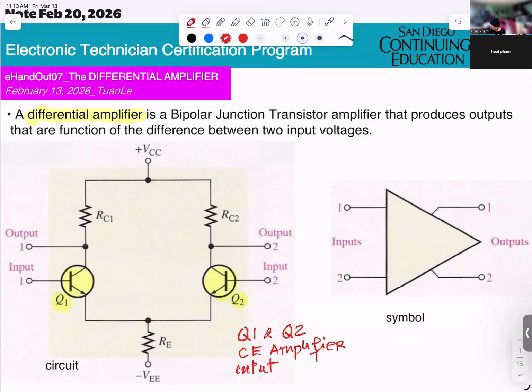Input and output 180 degrees out of phase.